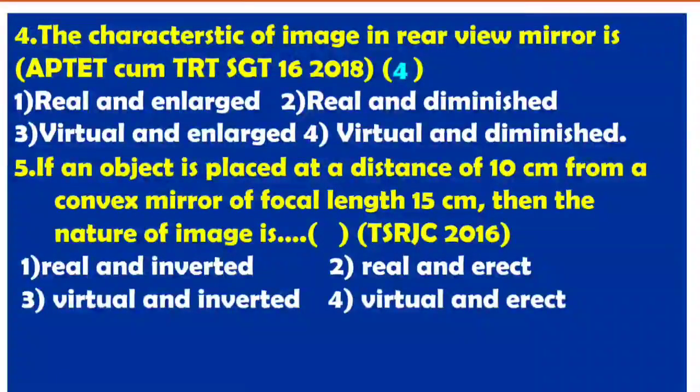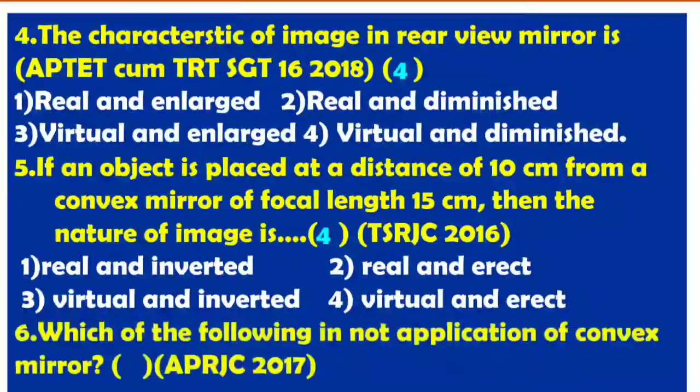Here object distance 10 centimeters is given. But convex mirror, irrespective of the position of the object, always forms virtual, erect and diminished image. So correct option is option 4.